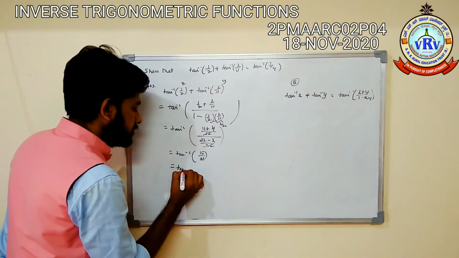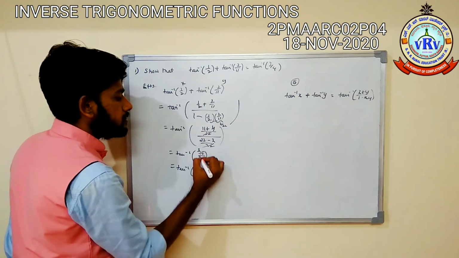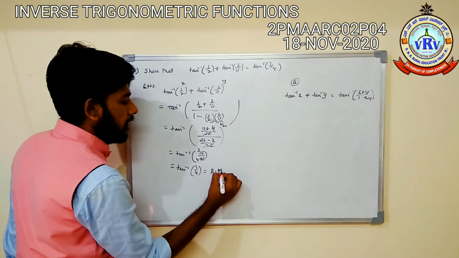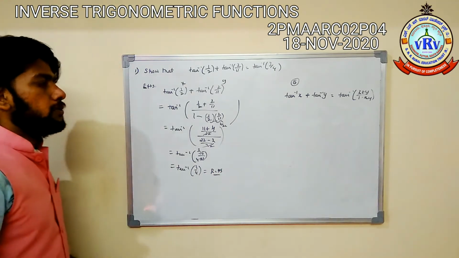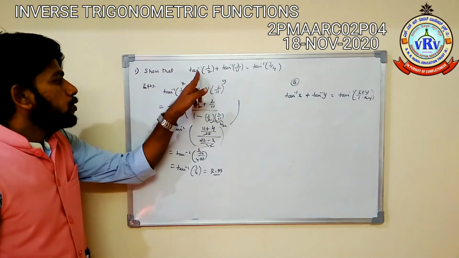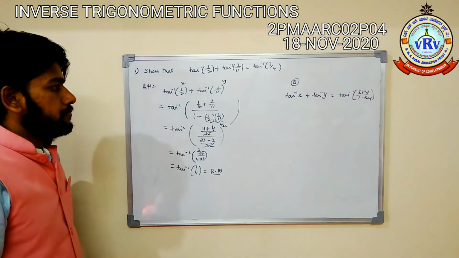If I divide this fraction by 5, it becomes 3 by 4. So this is nothing but the RHS of the problem. This is a way to prove this problem using the property phi part 1.